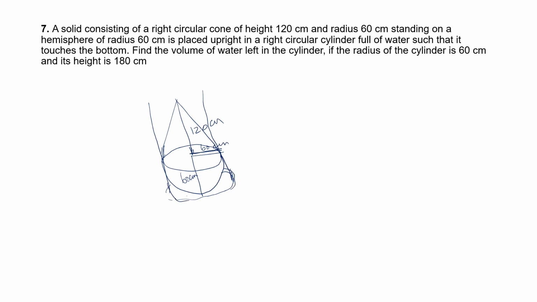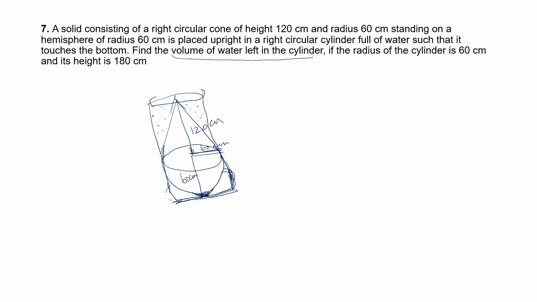Just imagine this whole structure is placed inside a cylinder full of water, such that it touches the bottom. That means this is exactly at the bottom. This cone with hemisphere is a solid which is immersed inside a cylinder and it touches the bottom.